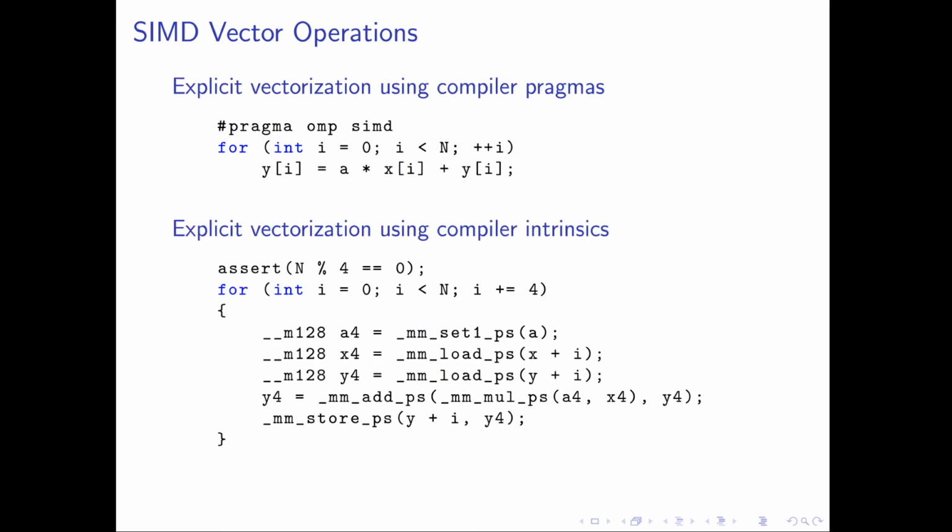So what we discussed before is how the compiler would vectorize a loop. We're basically doing nothing. We're just presenting the compiler with the loop, and we're telling the compiler to apply optimizations. And apart from that, we're really doing nothing.